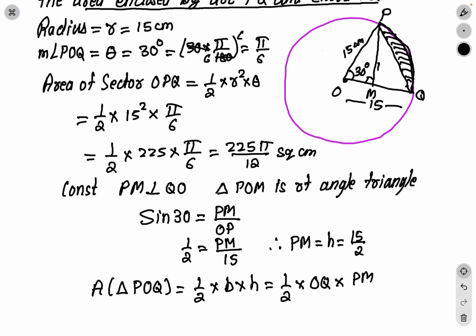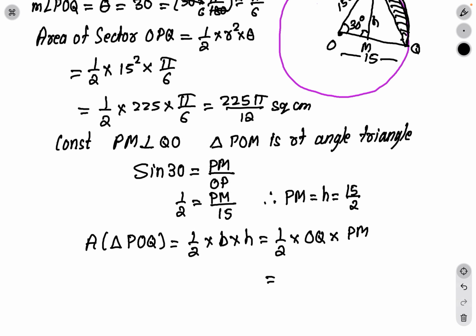This is our height. So this is equal to half into 15 upon 2, that is 225 upon 4 square centimeter.